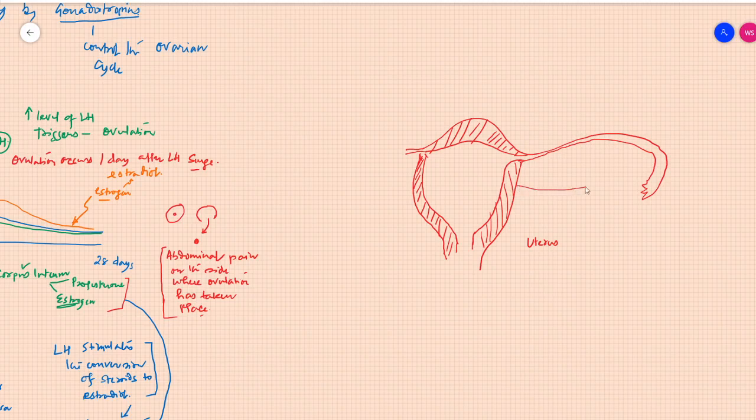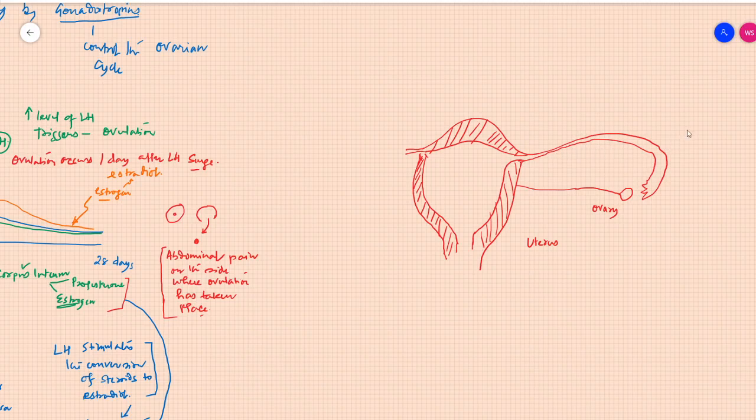And somewhere here we have the ovary. The ovary would be near the fimbriae, so let's bring it near the fimbriae. I guess somewhere here we have the ovary.